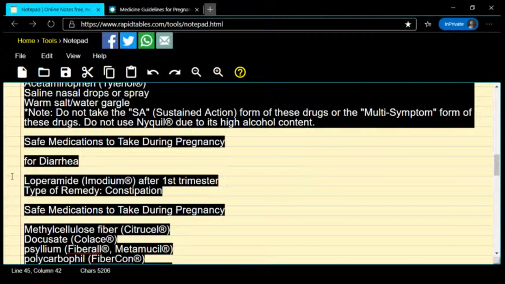Let's do that for loperamide, Imodium, for diarrhea.